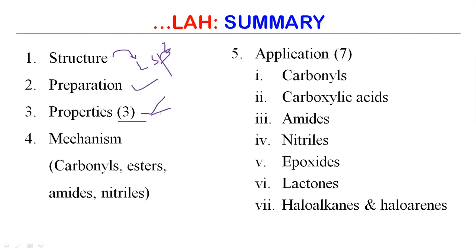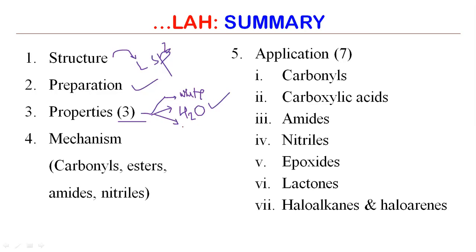The first one is the color of this compound. LAH is generally white, but usually the color is not white because of the presence of some impurity. The second characteristic is moisture: we cannot treat some functionality in the presence of water because it will give an explosive reaction and hydrogen is eliminated.